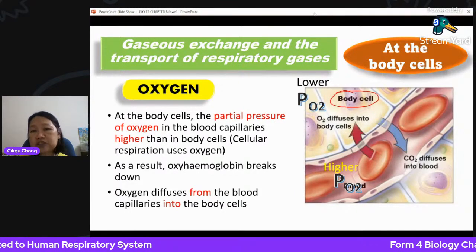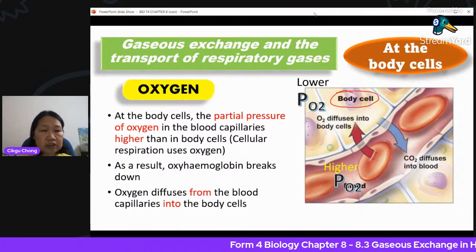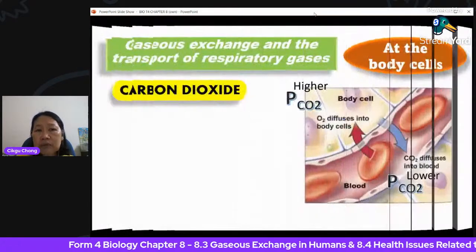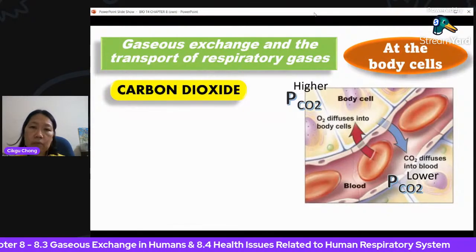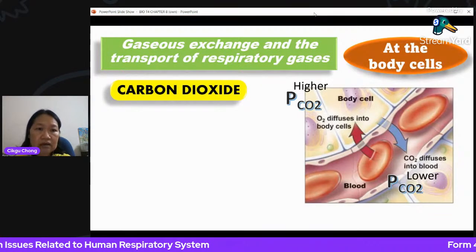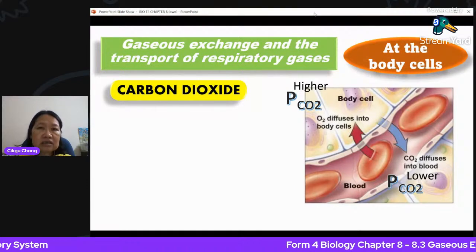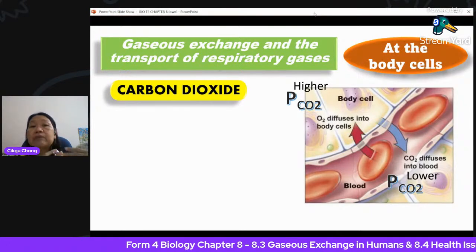And then you also talk about oxygen. If the question asks you about carbon dioxide, you have to talk about carbon dioxide as well. So what's the story about carbon dioxide? Carbon dioxide, in reverse, is what the body cell will have more of because, as I said, the body cell carries out respiration 24 hours a day and produces energy. One of the side products of respiration is carbon dioxide.